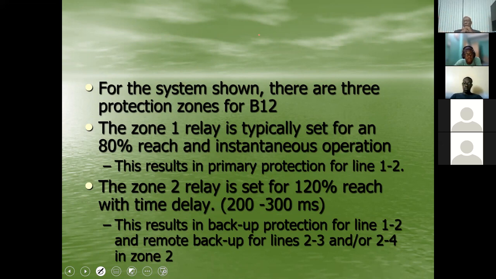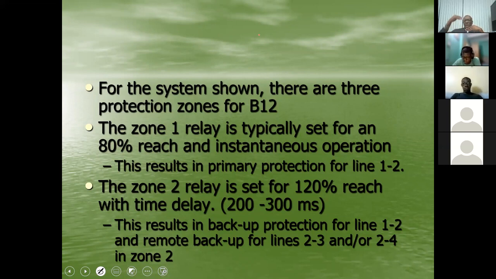Now let us say the total impedance of the line is 100 ohms. All right? At 100 ohms, the zone 1 setting that I would put in the relay would be 80 ohms. So that is the zone 1 setting. That's 80% of the impedance of the protected line.